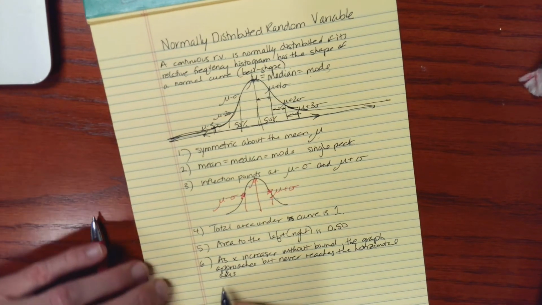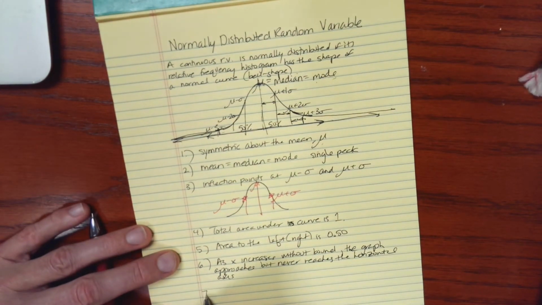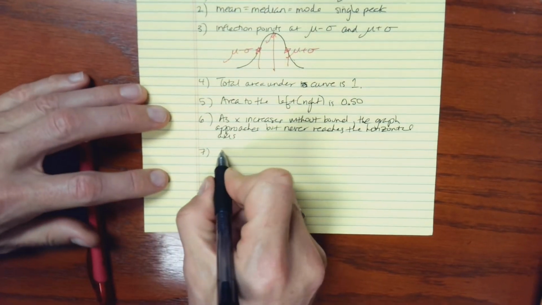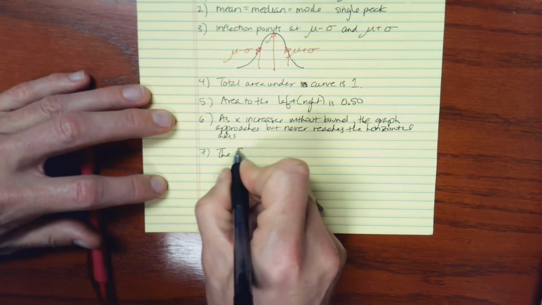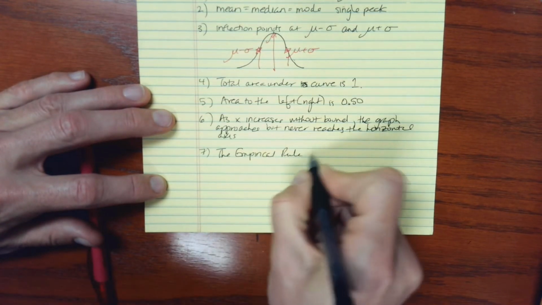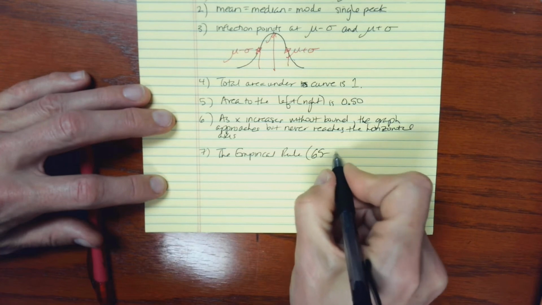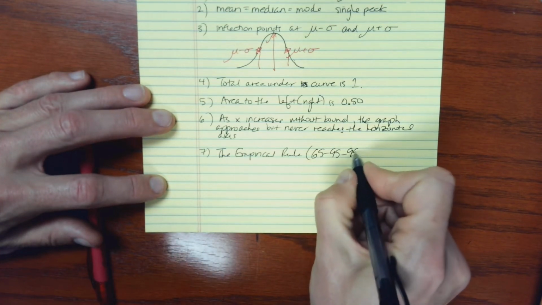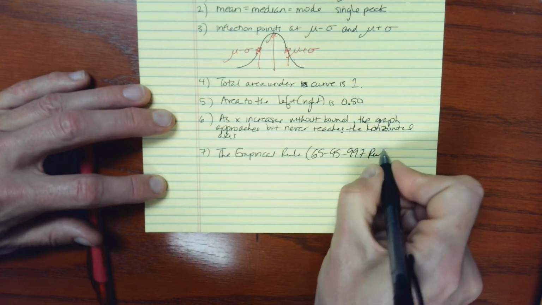Another thing I'd like to add, a couple of things. Firstly, a reminder about the empirical rule. This is also sometimes referred to as the 68, 95, 99.7 rule.